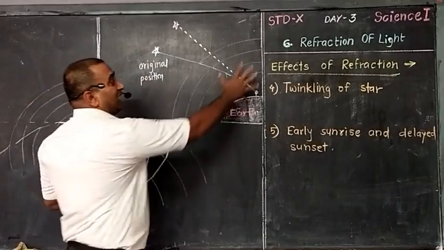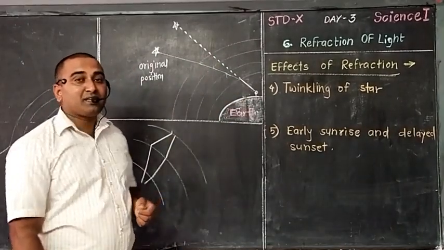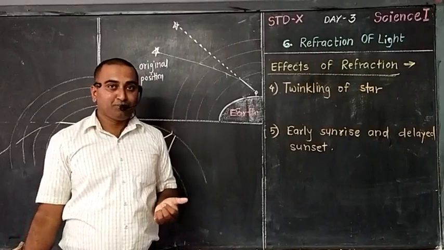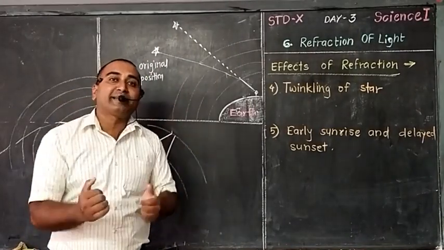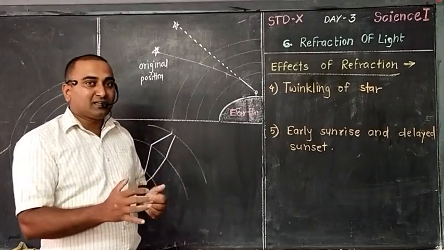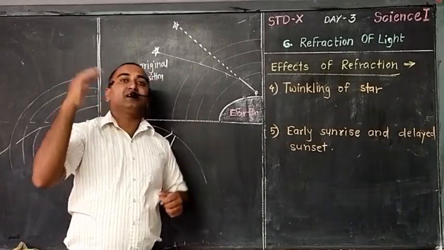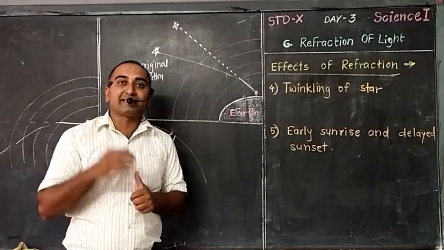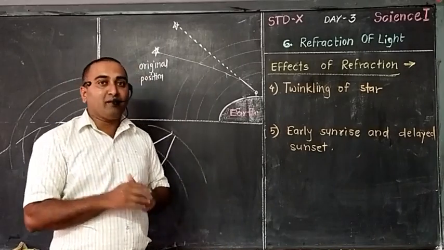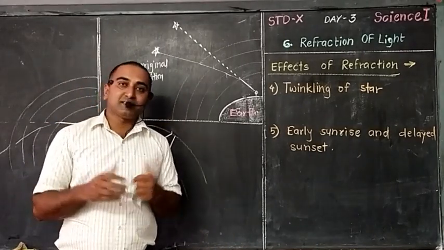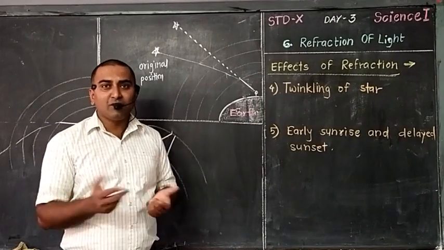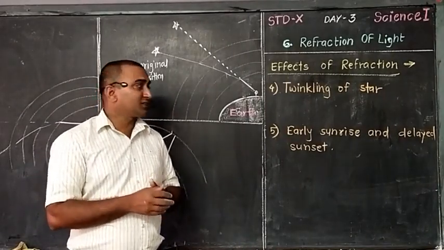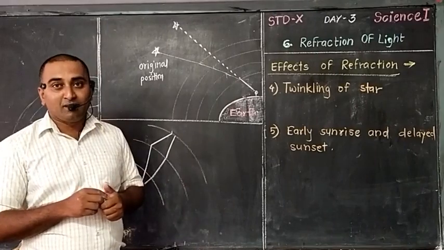But what about the atmosphere? The atmosphere is not constant everywhere. We have studied that the atmosphere is denser around the earth, and as you go to higher altitude, it becomes rarer and rarer, and beyond some limit there is space where there are no molecules, so there is no refraction.